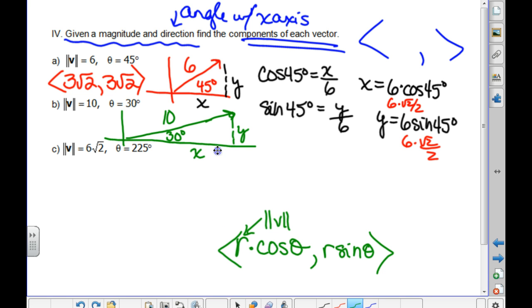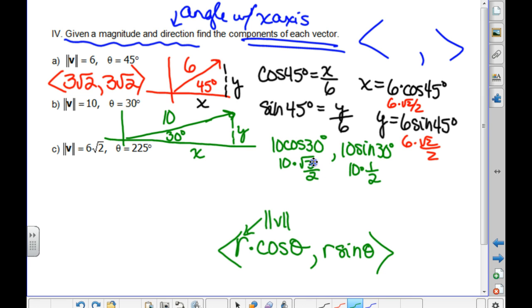All right, so the cosine of 30 degrees and the sine of 30 degrees, anybody? Cosine of 30. Anybody have it out? The cosine is square root of 3 over 2, and the sine is 1/2.